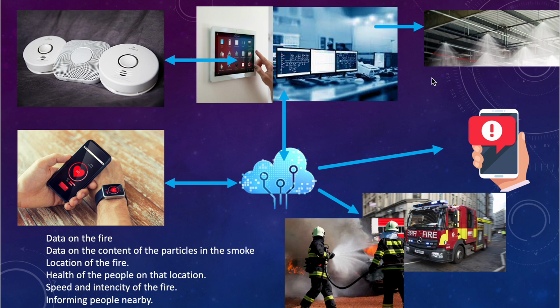The smoke detectors can point out where the smoke is, where the fire is. The sprinklers at that portion could turn on automatically without any human intervention and take out the fire. So we can see that IoT devices give more options and increase process and decision making ability.